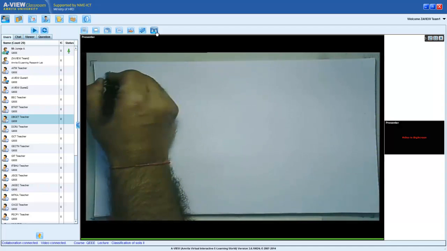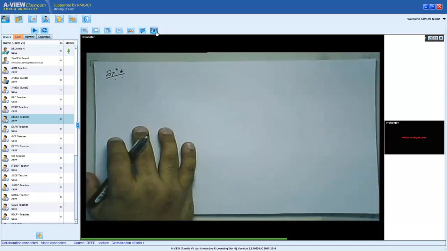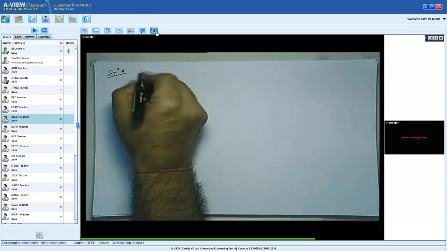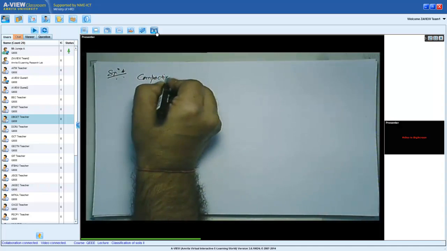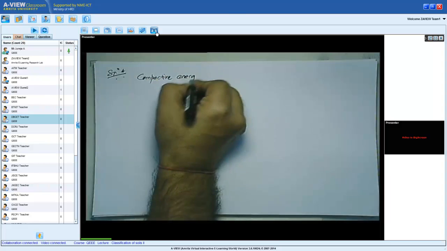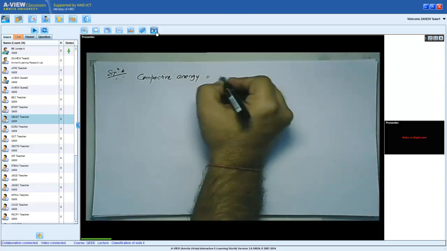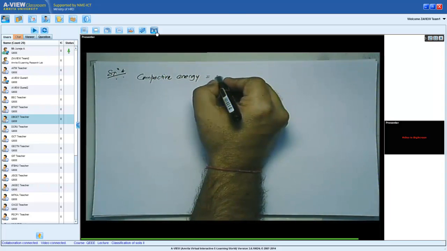So can I just do solution 1? Okay, it's fine. Compactive energy is something like potential energy because you drop a rammer from a fixed height.